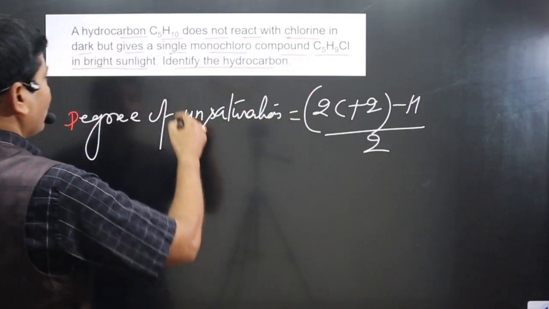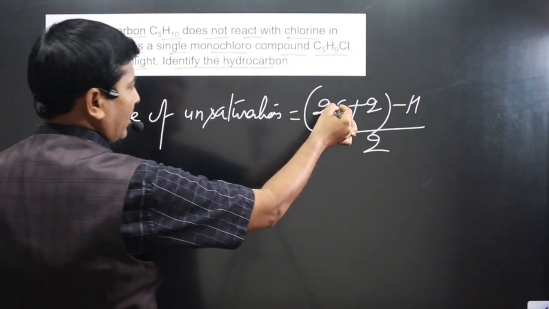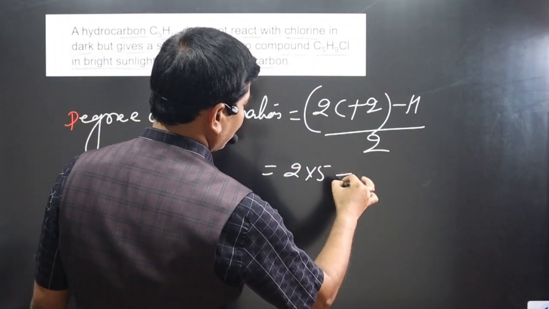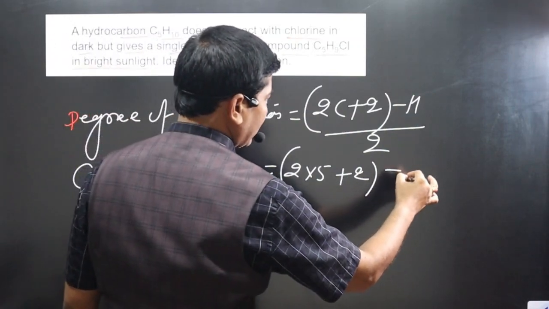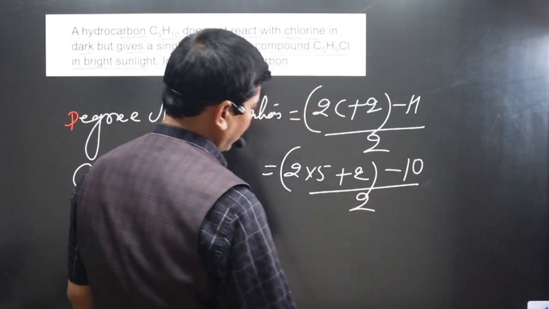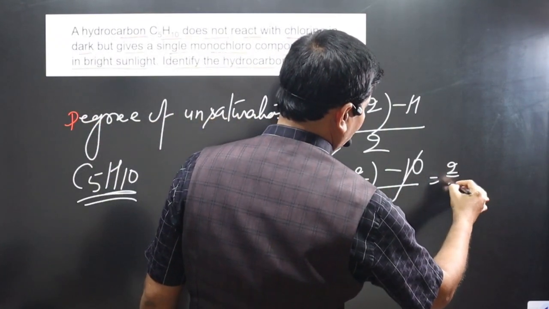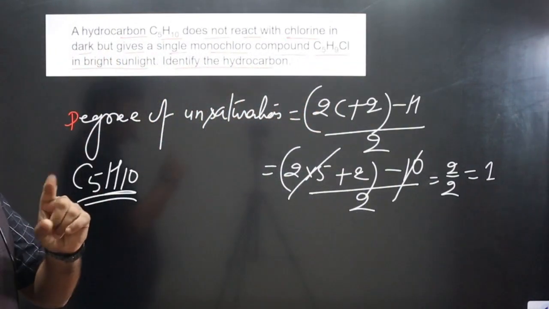We have the compound C5H10. There are 5 carbons, so we plug in 2 multiplied by 5 plus 2, minus 10 hydrogens, divided by 2. If you simplify, 12 minus 10 is 2, and 2 by 2 is equal to 1. So the degree of unsaturation is 1.